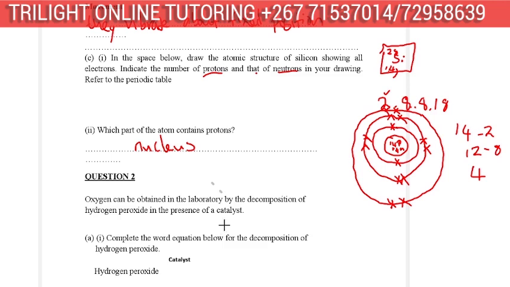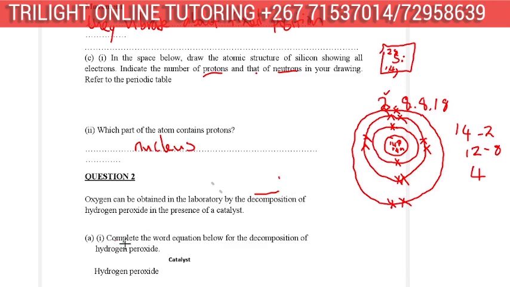So let's look at question 2. It says oxygen can be obtained in the laboratory by decomposition of hydrogen peroxide in the presence of a catalyst. Whenever they are talking about decomposition, you are breaking down a substance into its simpler products.